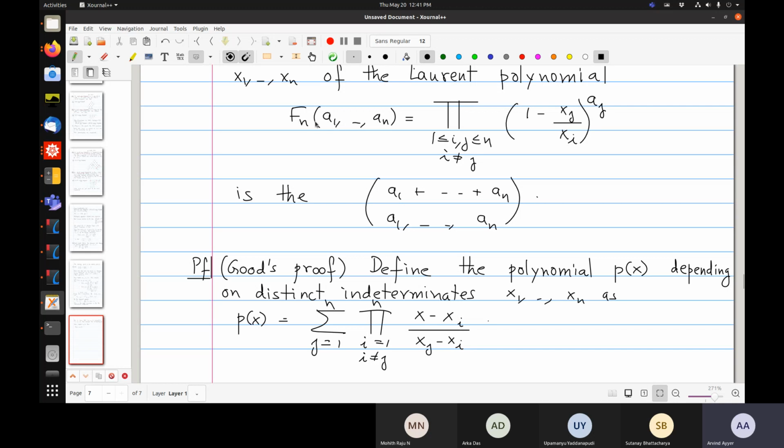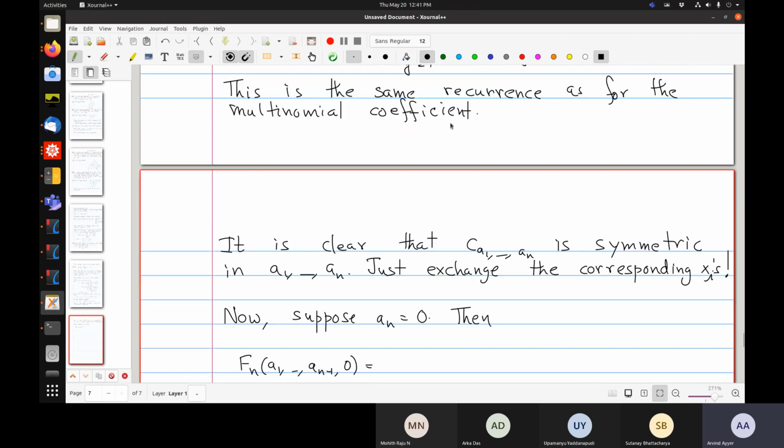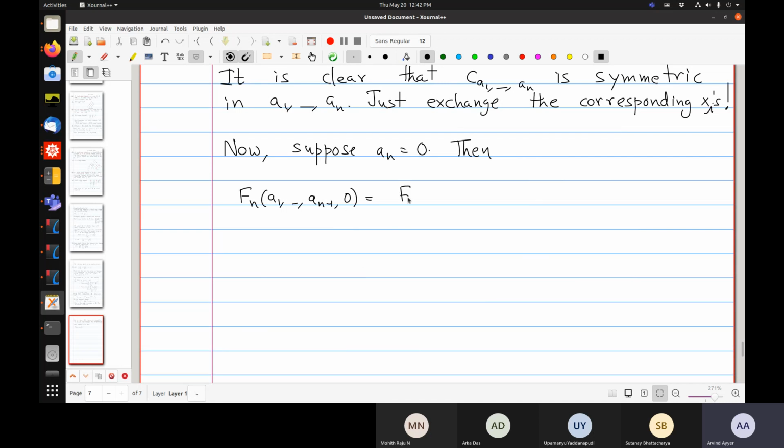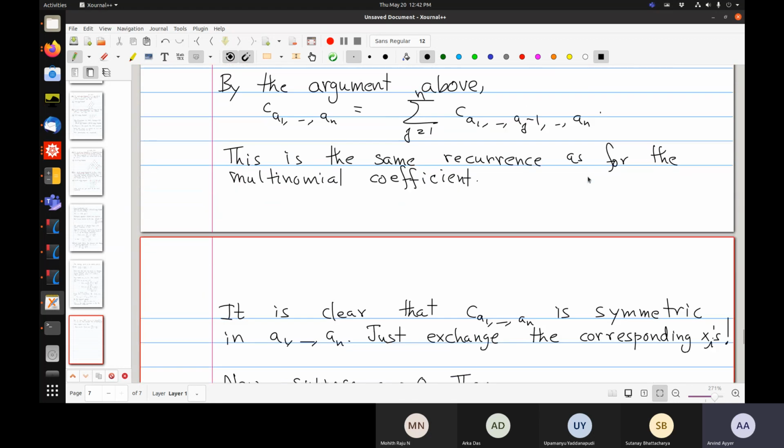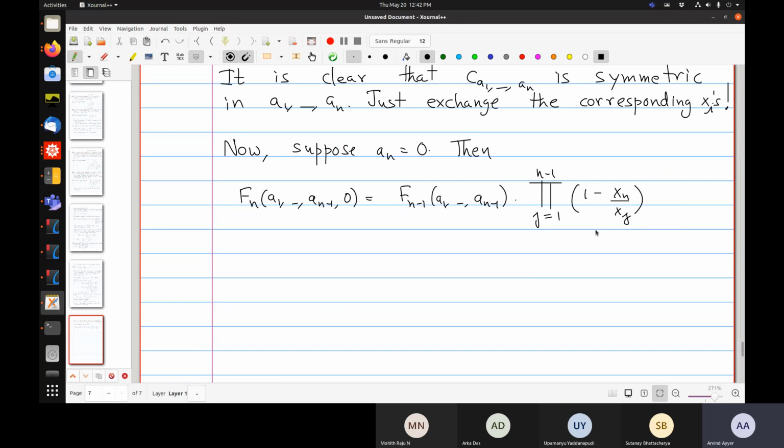When I compare with Fn minus 1 of A1 to An, I have all the terms in Fn of a1 up to an minus 1, times this product, j equals 1 to n minus 1, of one minus xj by xn. Okay, is that clear?